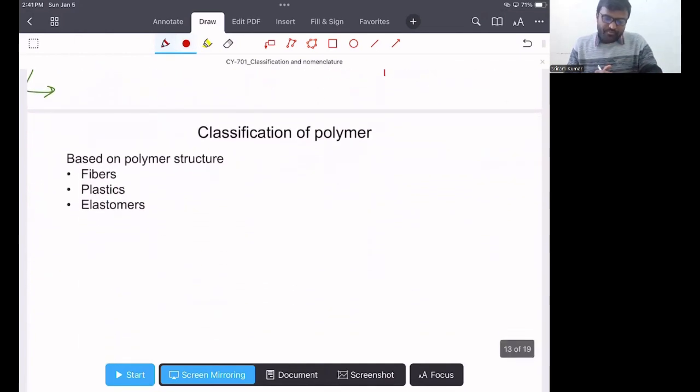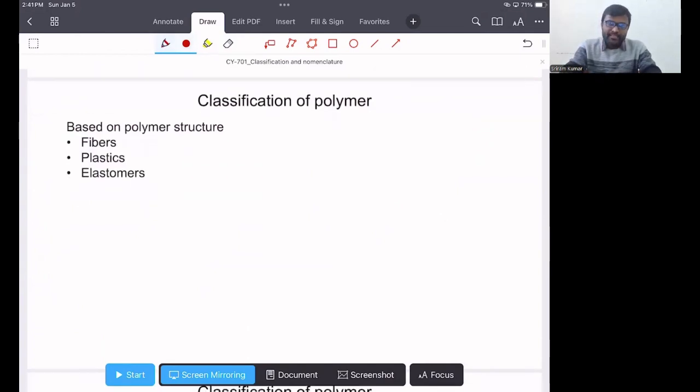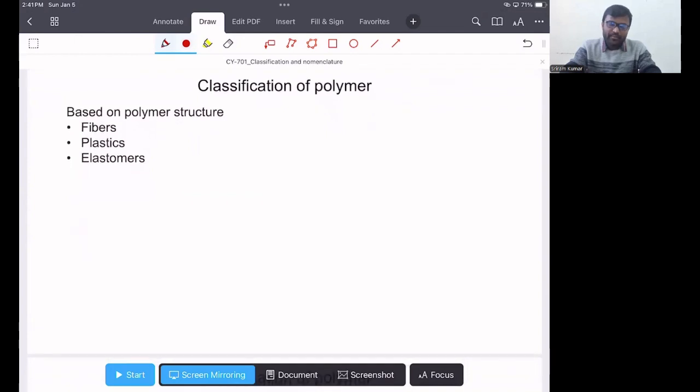Now, again, we can classify polymers based on the structure of the polymers, and that gives us fibers, plastics, and elastomers. Let's understand how we can define those kinds of polymers.